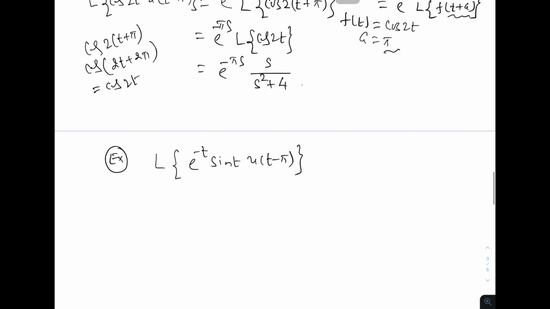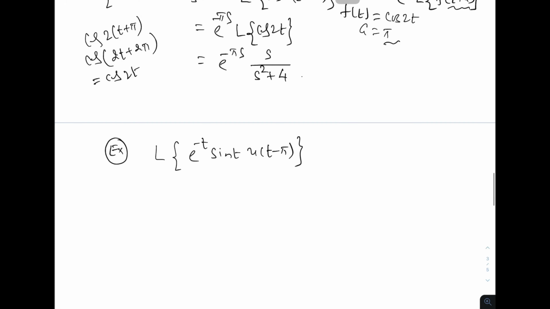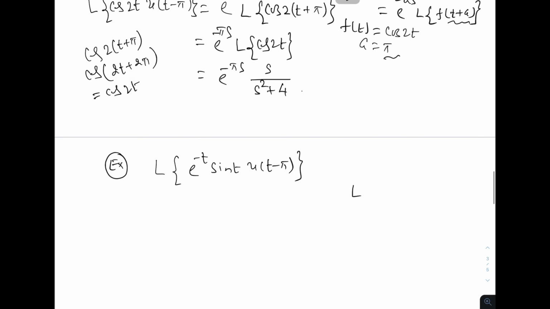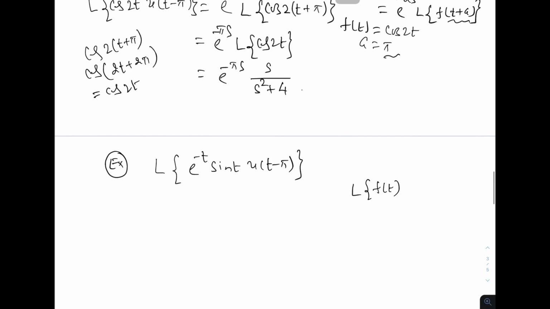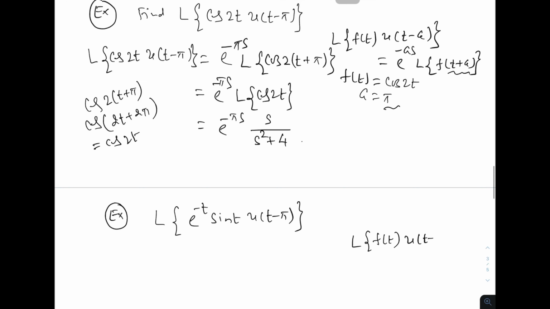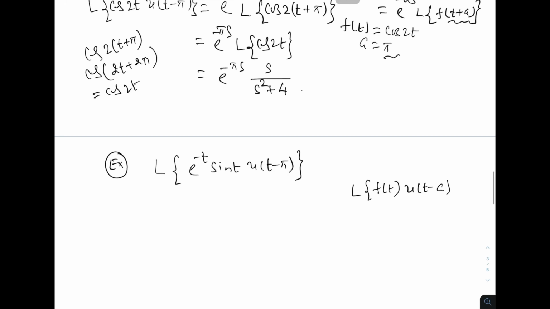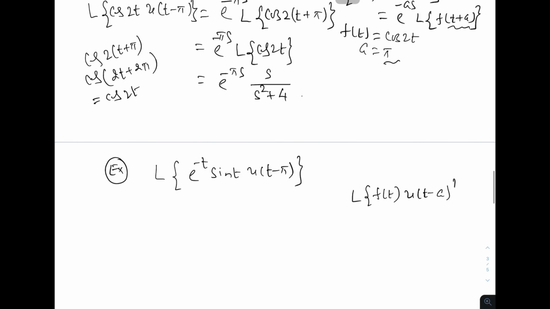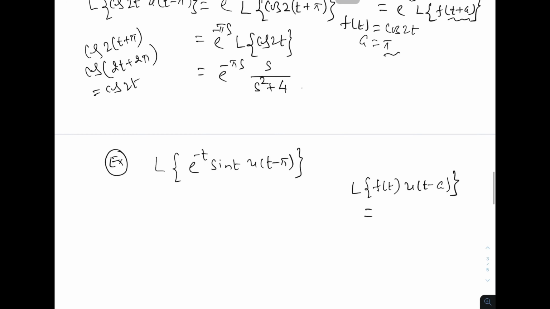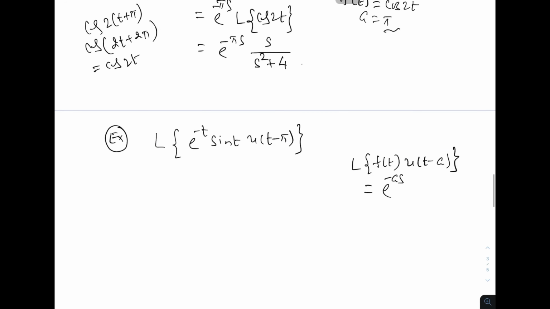What is the second shifting theorem? Laplace transformation of f of t u of t minus a is equal to e to the power minus as Laplace transformation of f of t plus a.